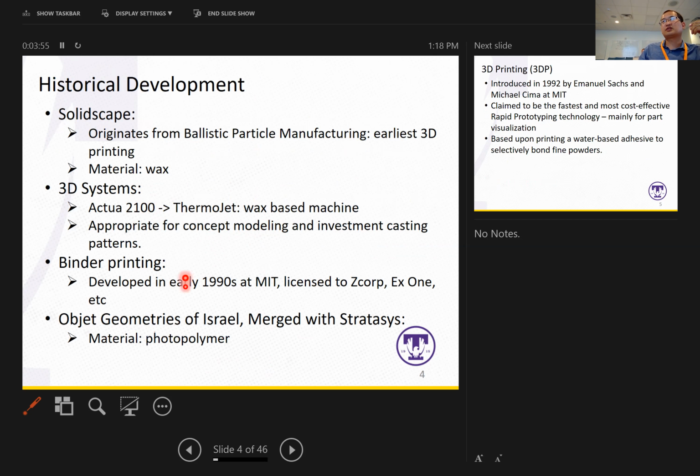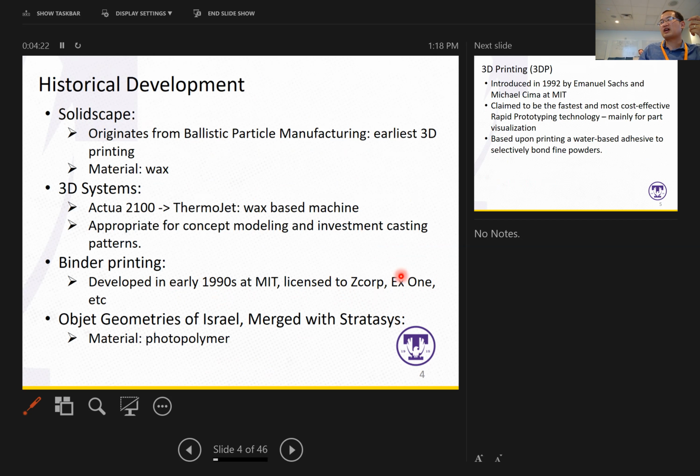Another main player is called ZCorp. That is a main supplier of binding 3D printers. They actually initiated the work at MIT and then licensed it to commercial companies like ZCorp and ExOne and so on.